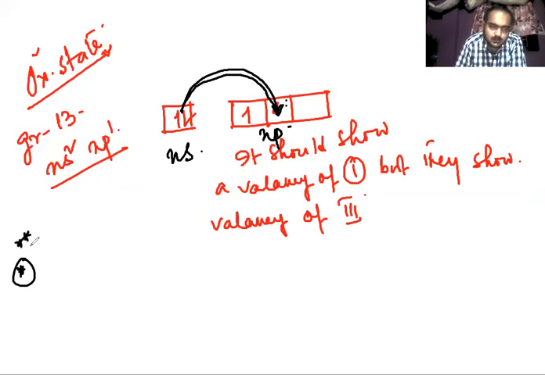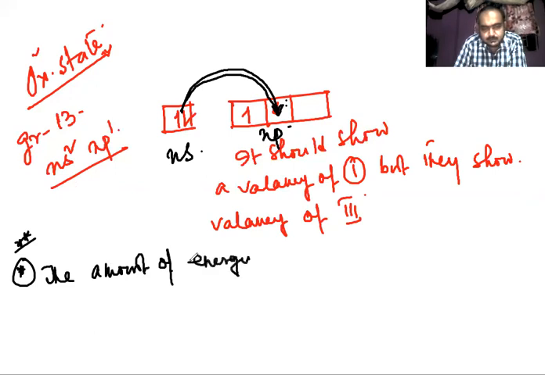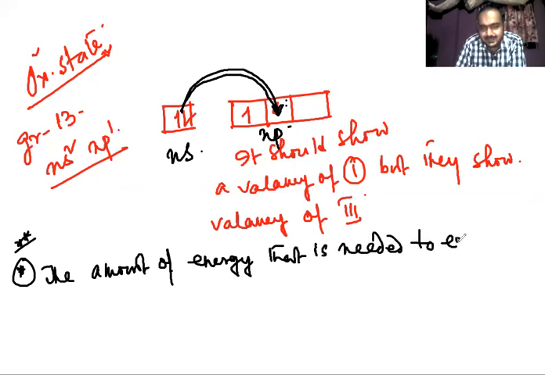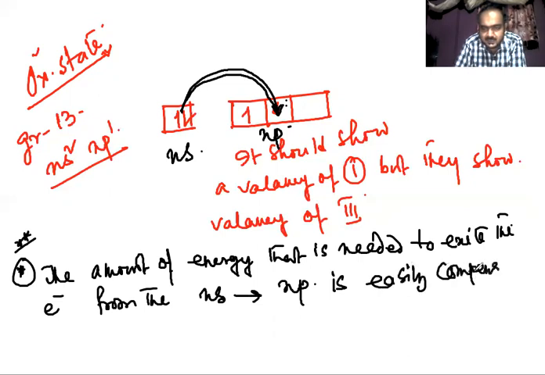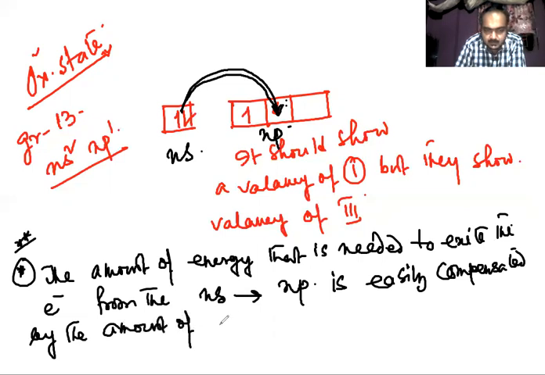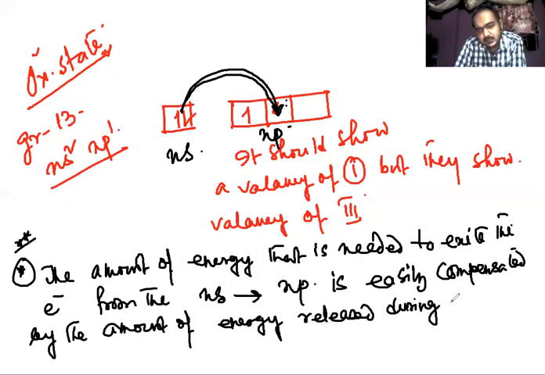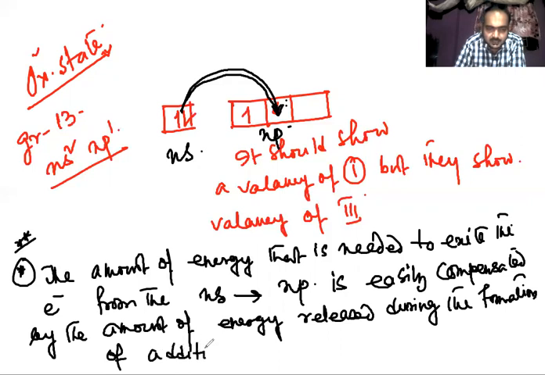You should note it down: the amount of energy that is needed to excite the electrons from the ns orbital to the np orbital is easily compensated by the amount of energy released during the formation of additional two bonds.